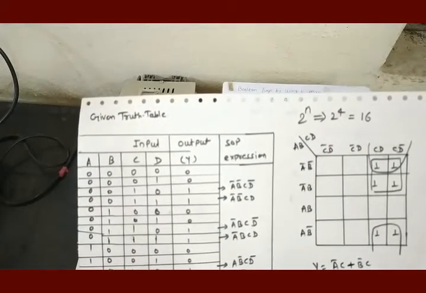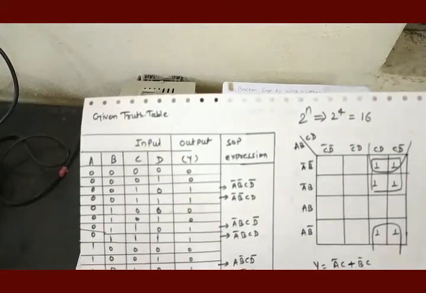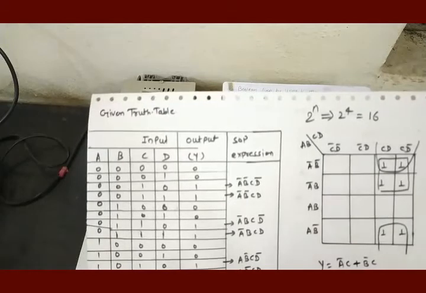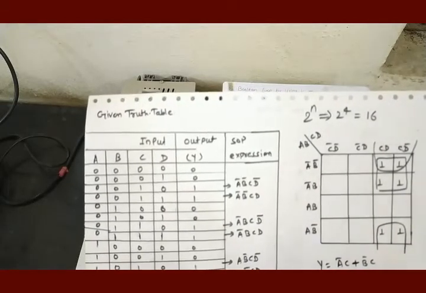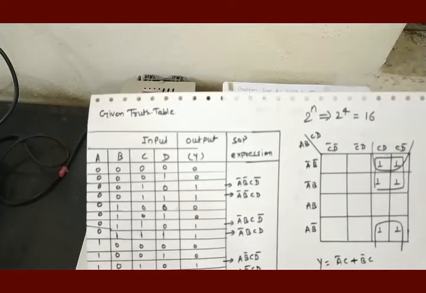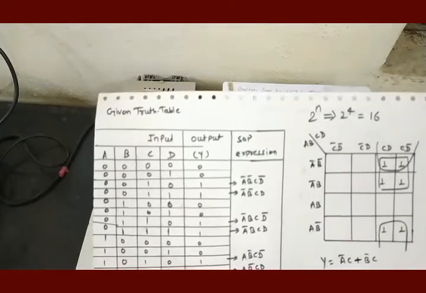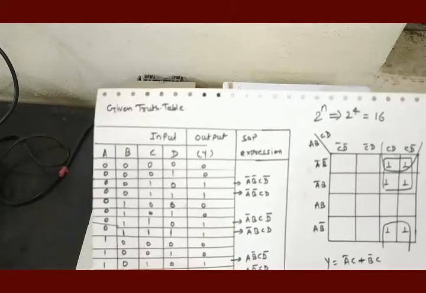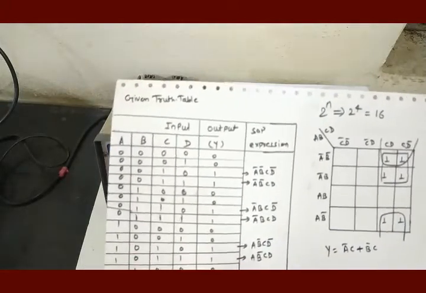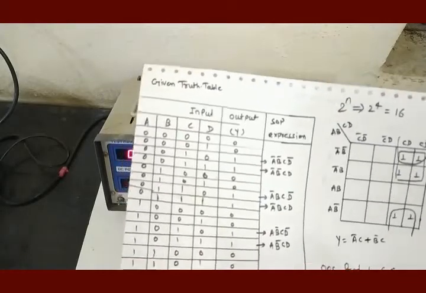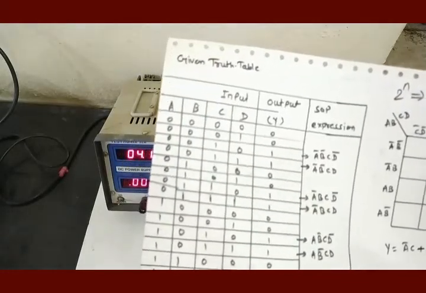These 4 ones should appear either in rectangular form or in square form, then only can they be considered as a quad. Whenever we prepare a K map for getting a simplified Boolean expression, we always need to first focus on an octet.